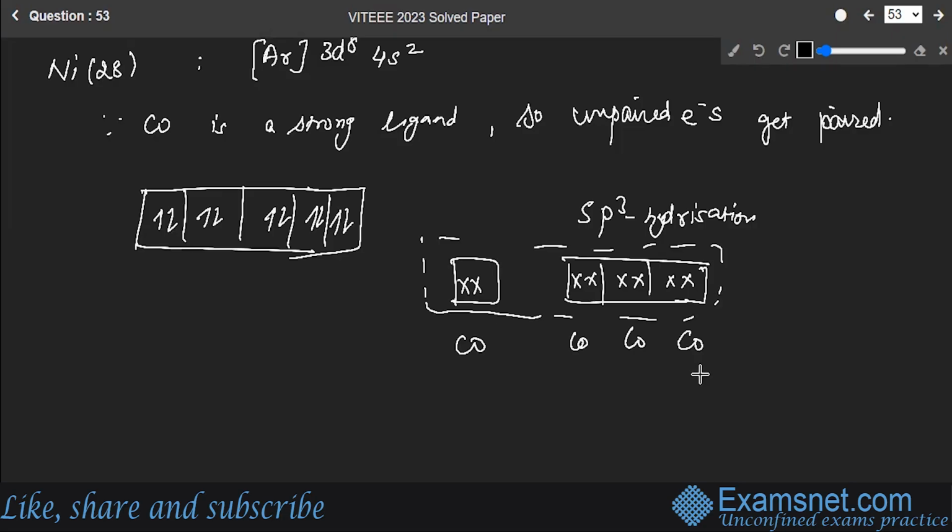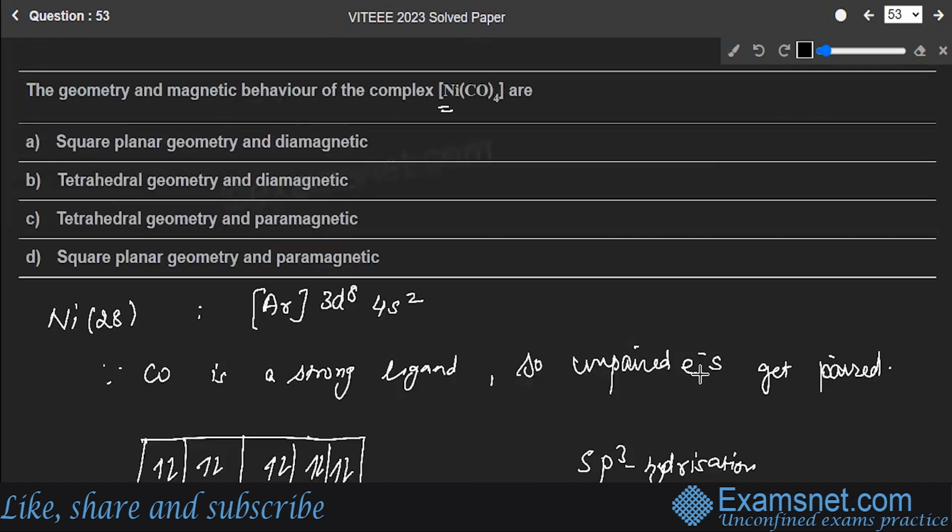Now, the 4 CO ligand hybridization would be sp3, thus the complex would be diamagnetic and having a tetrahedral geometry. So this is tetrahedral geometry and diamagnetic.